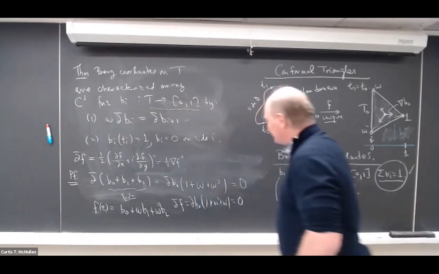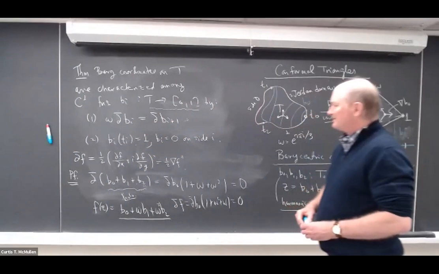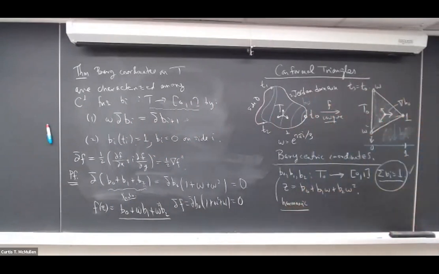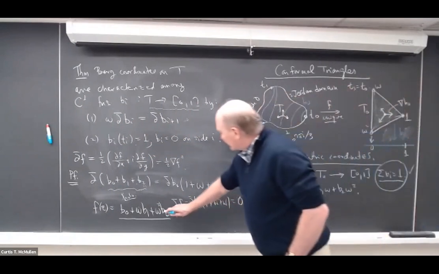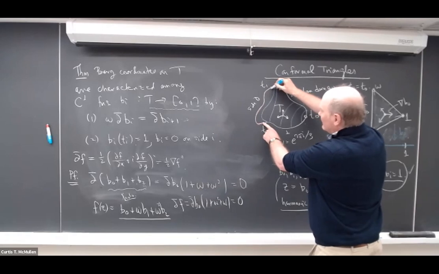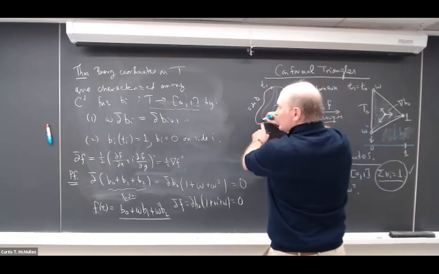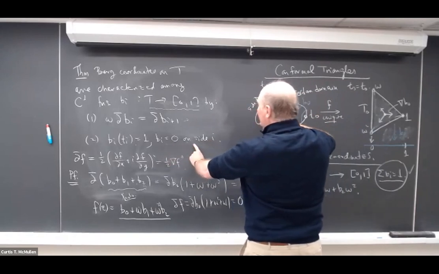And that's 0. So this function is also analytic. And now something really neat happens. If you look at this function, say along this edge here, well, along this side, b0 is equal to 0.